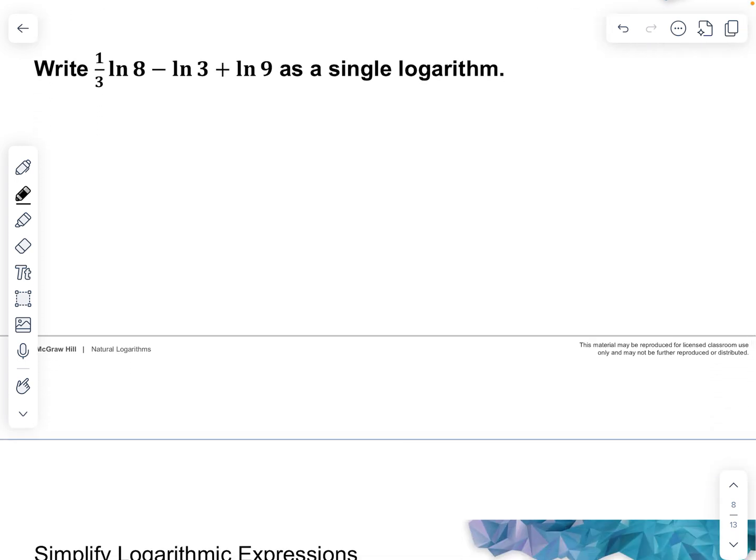Now let's use our properties of logarithms to simplify some natural log expressions. We want to simplify it down to a single logarithm. That means we will only have ln, or natural log, written one time. Let's think backwards on a few things. I can move this to become an exponent.